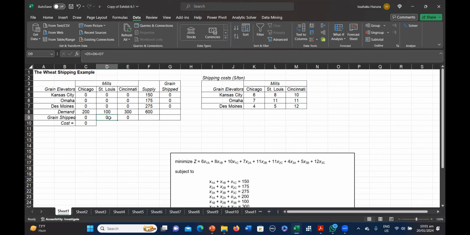And because everything that is demanded has to be sent to the destination, then whatever the solution is here, when we subtract it from the demand, it should be what? 0, which means that the demand has been what? Fully met.